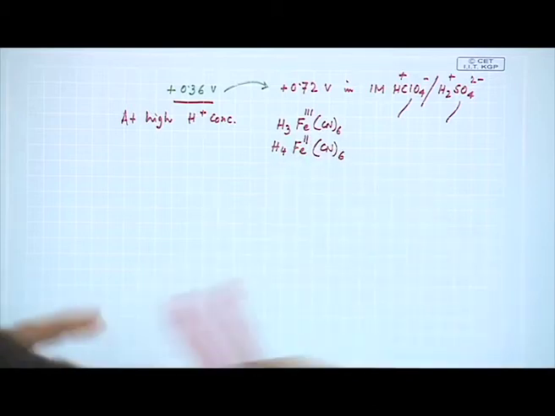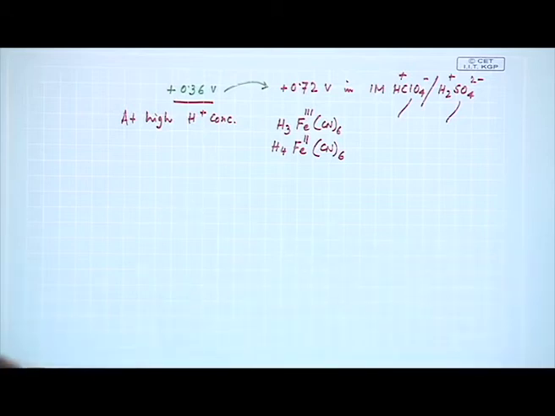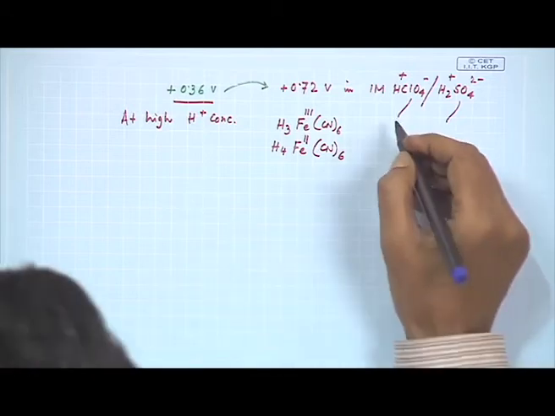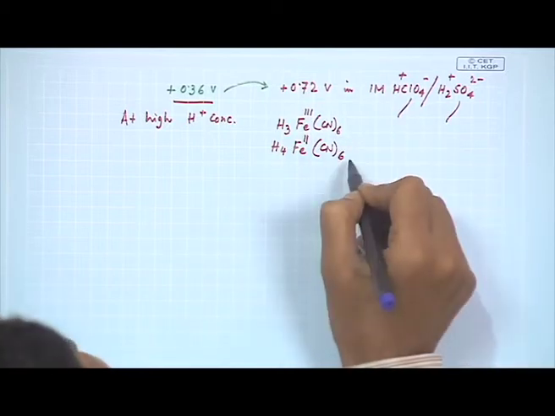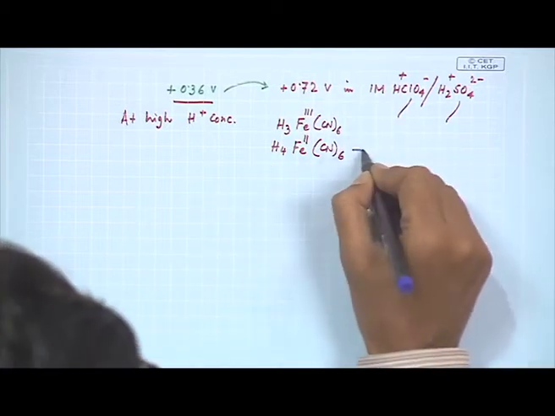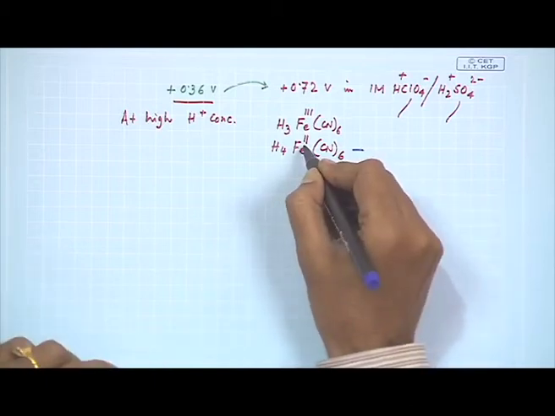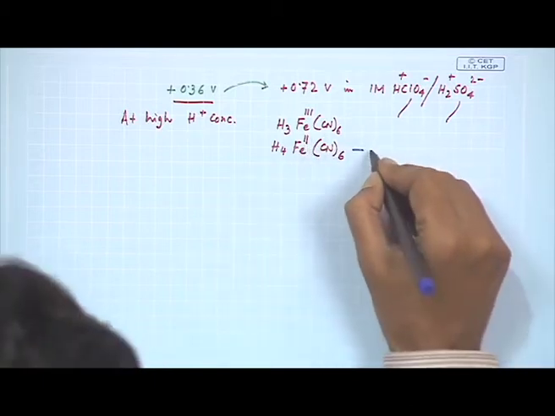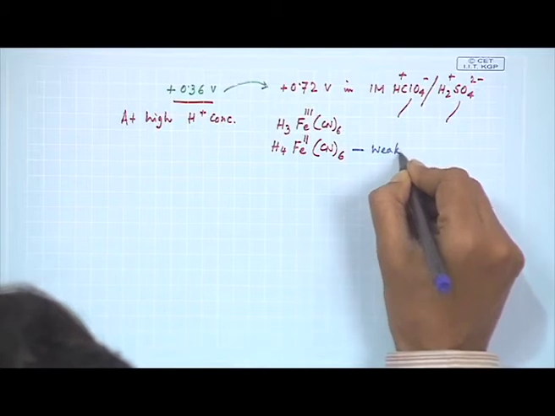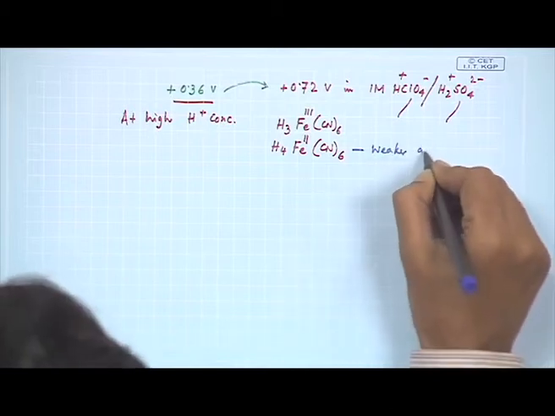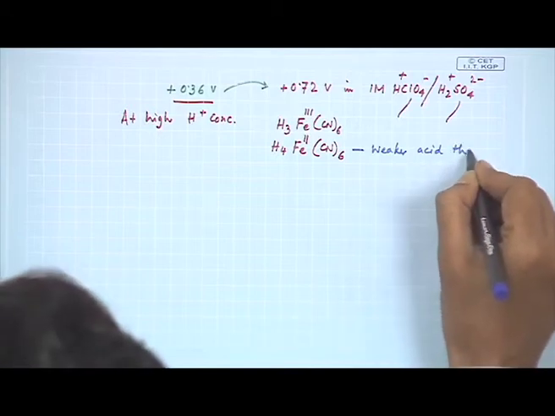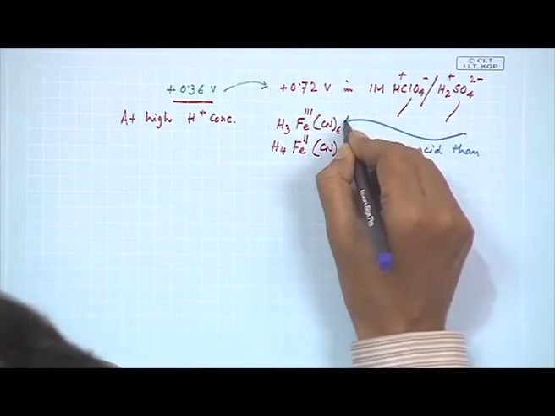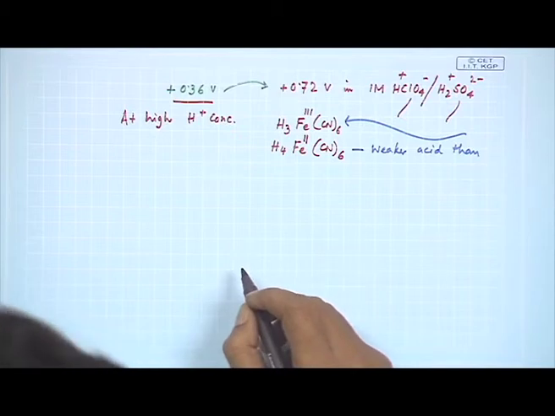So, the corresponding acidity of these is important. When the charge is less, the ferrous species is a weaker acid than its ferric counterpart.